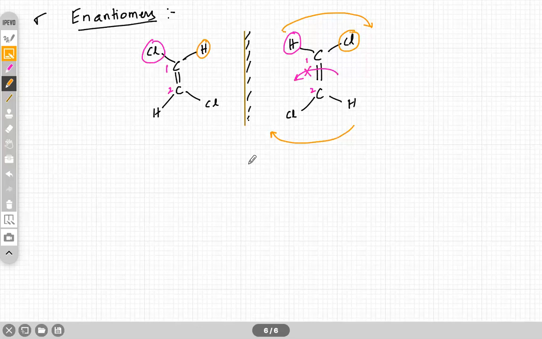Now the second point is, if we take an equimolar mixture of enantiomers, then the mixture that we get is called a racemic mixture. Write down the point, racemic mixture.